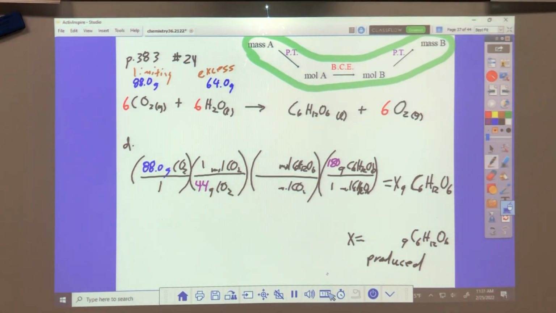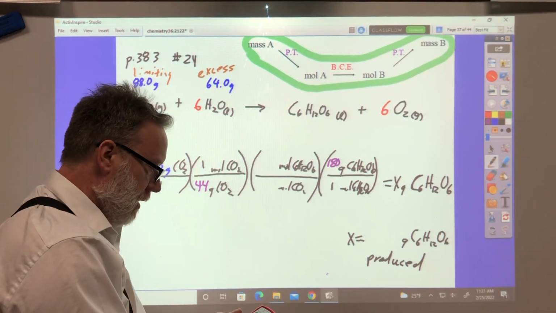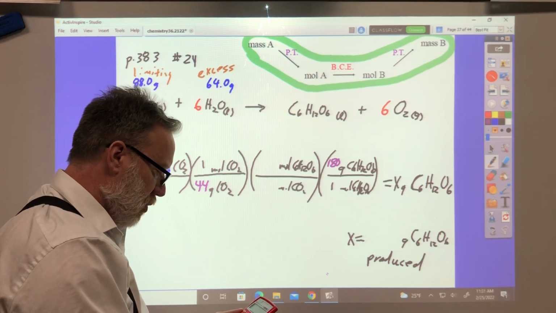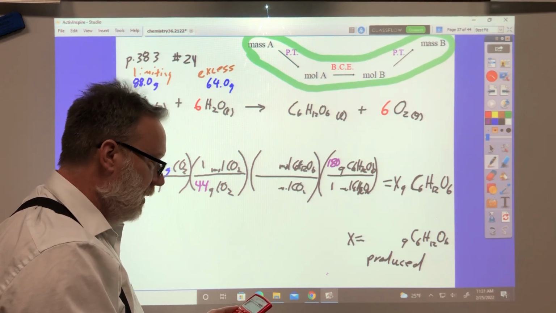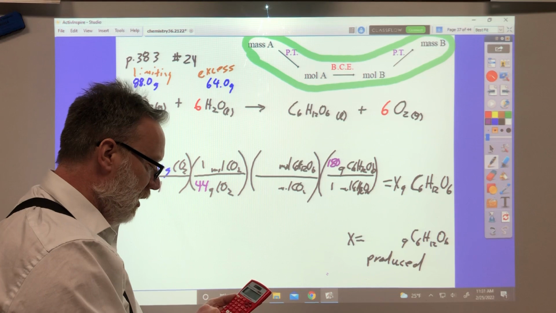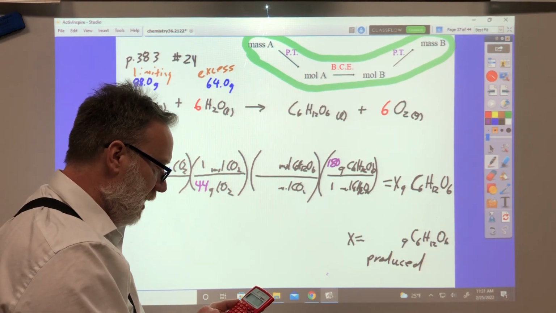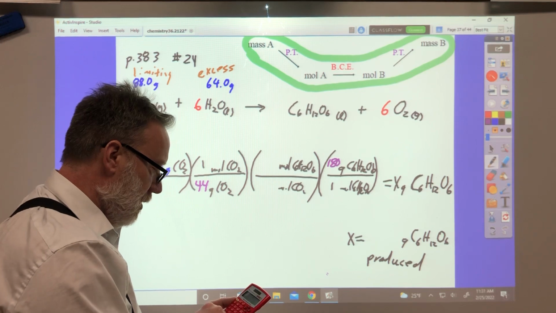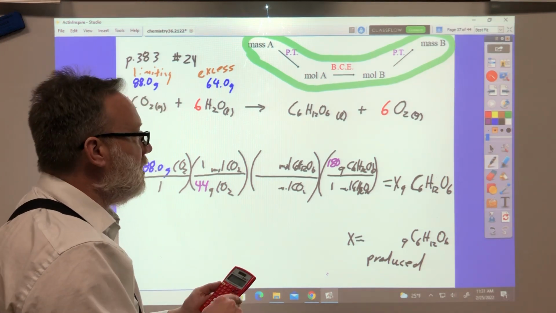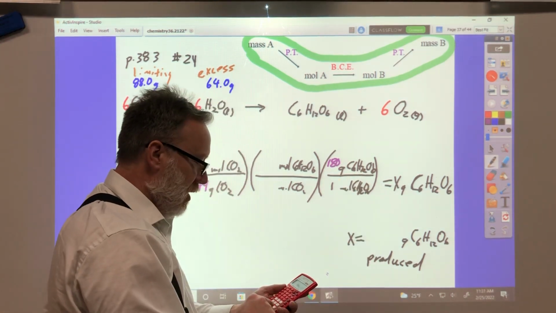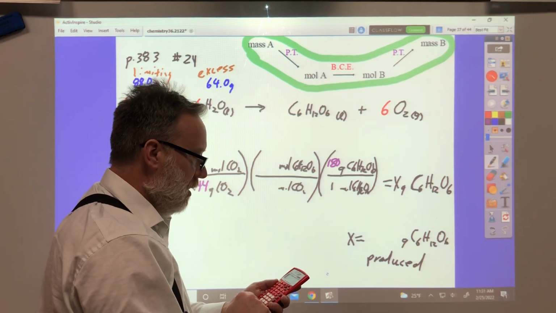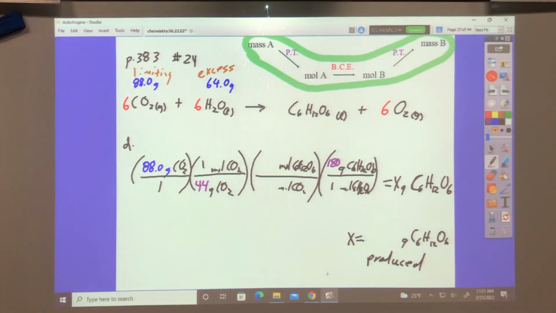Then oxygen 16 times 6 equals 96. That's 168 plus 12 for the hydrogen is 180. Okay.